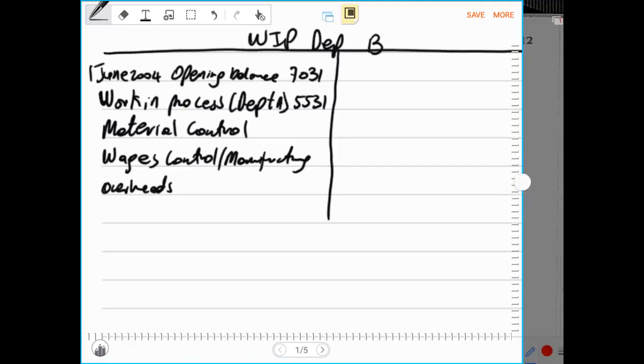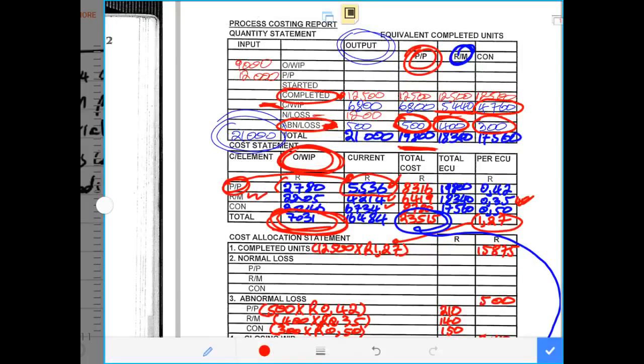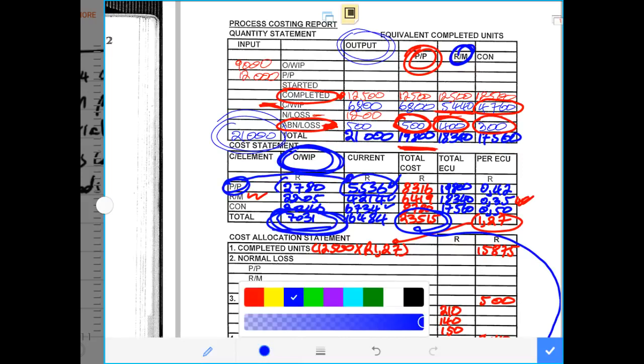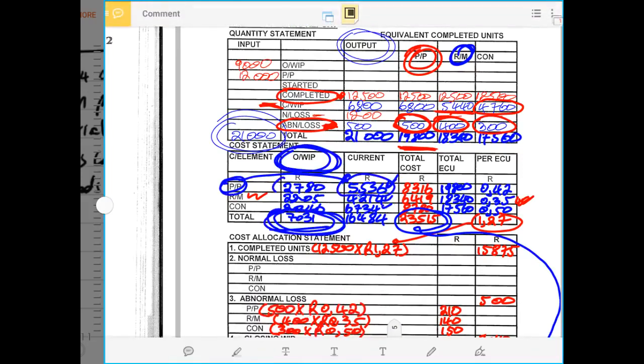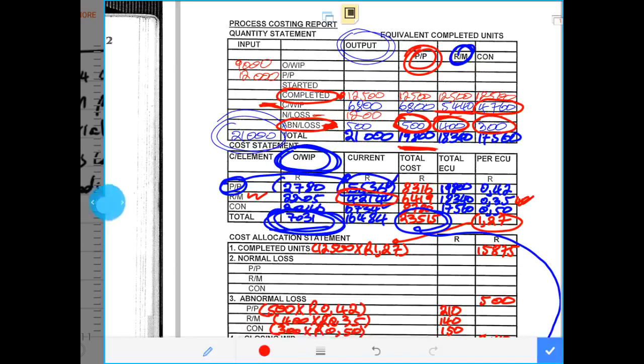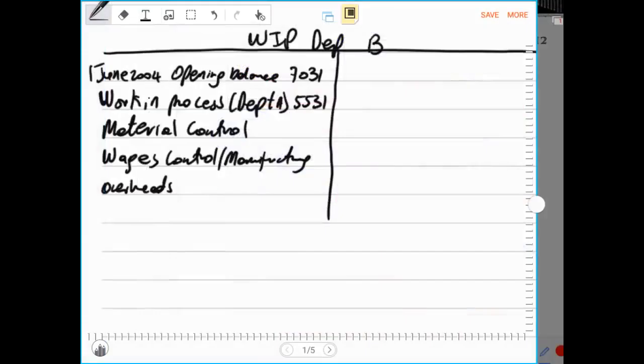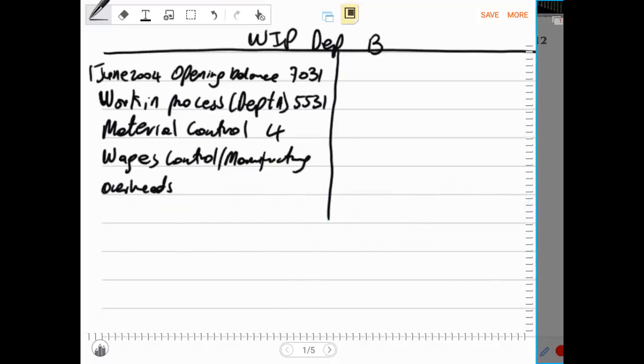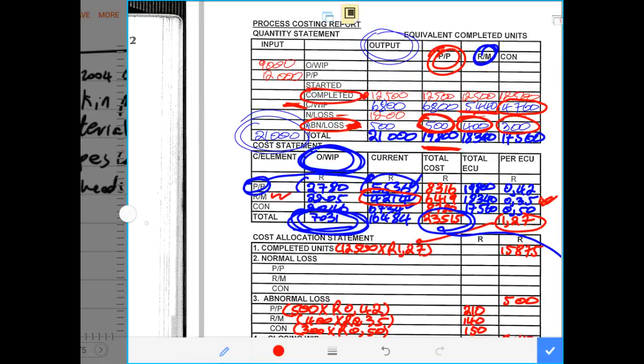Now we have to record our material separately for the current period. Our material for the current period is 4,214. That is our material for the current period incurred. Yes, 4,214. That's the material.